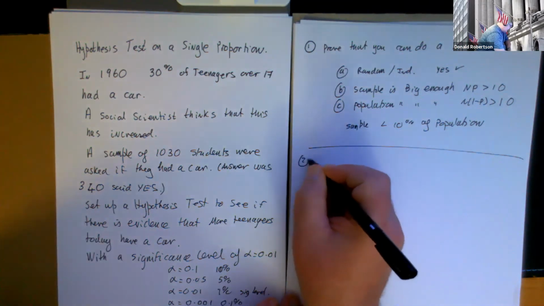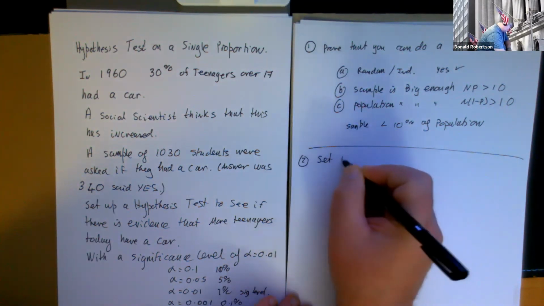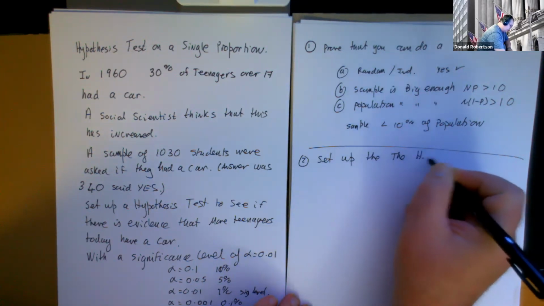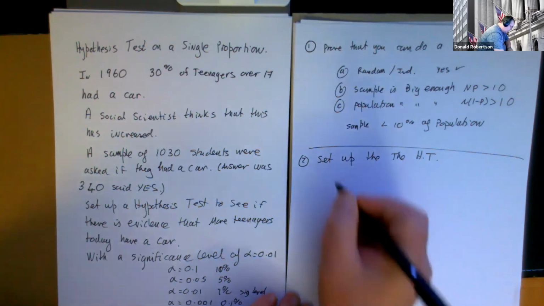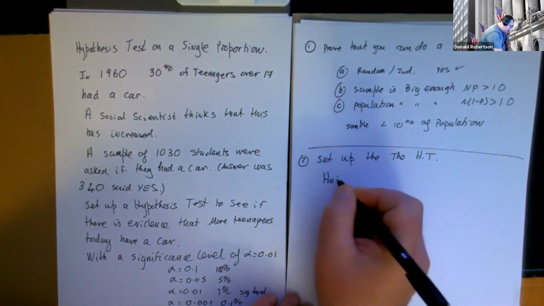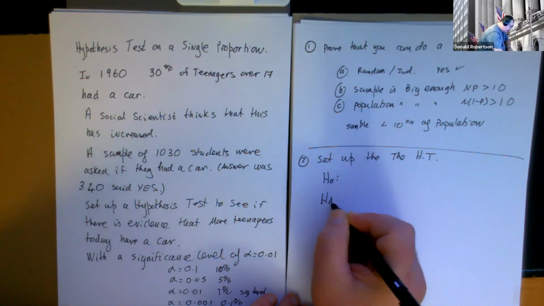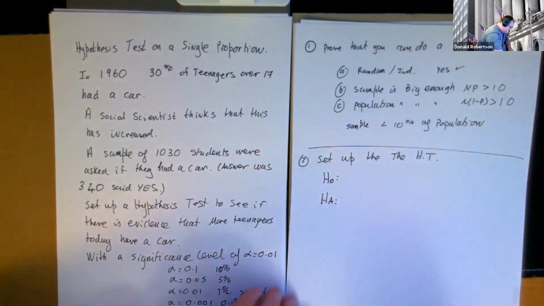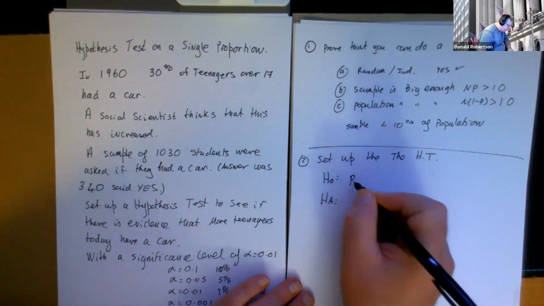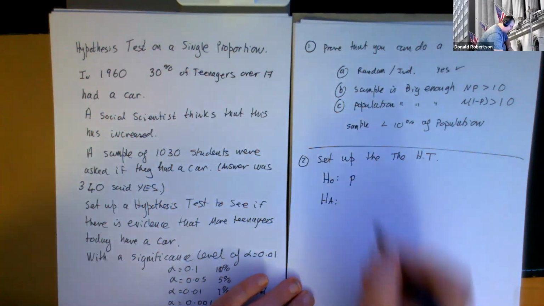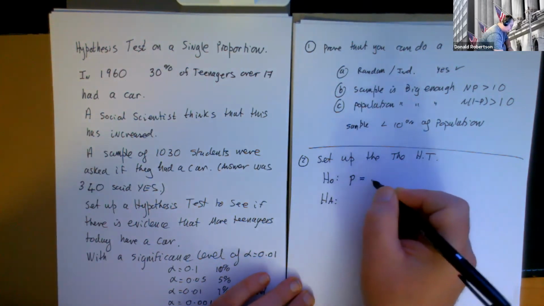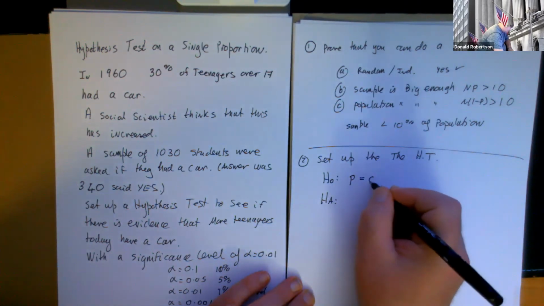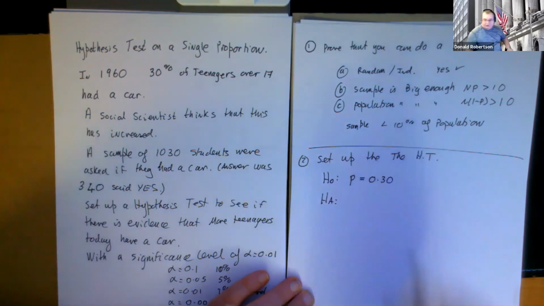Next part is you set up the hypothesis test. It has a very strange format. It looks like this. H naught: you're going to say P, the population proportion, today is still the same as it was in the past.